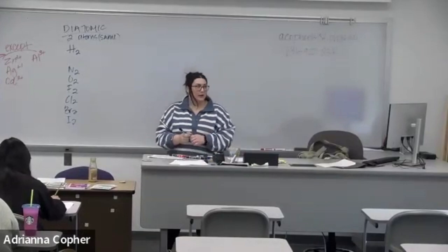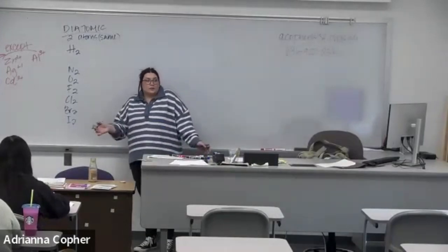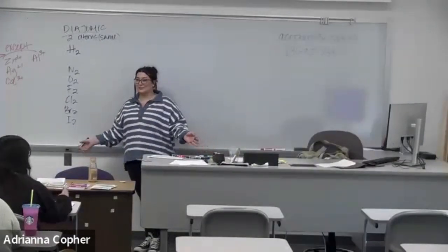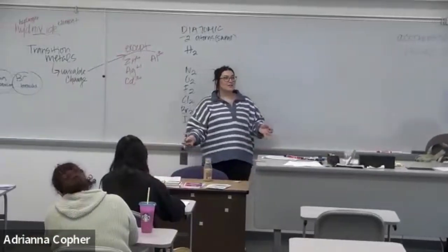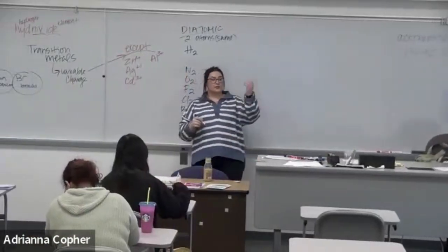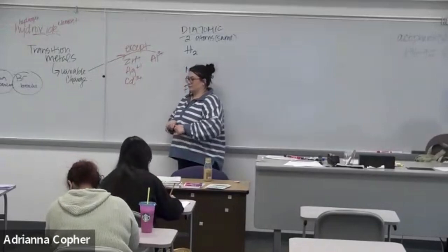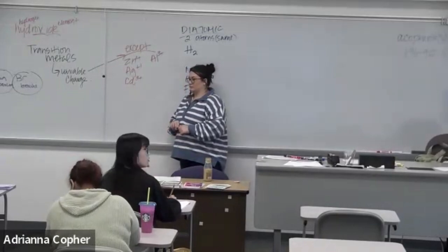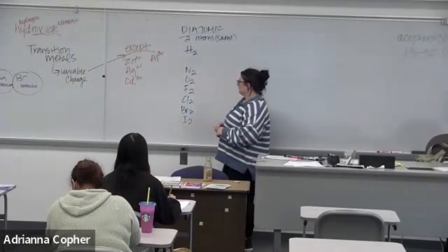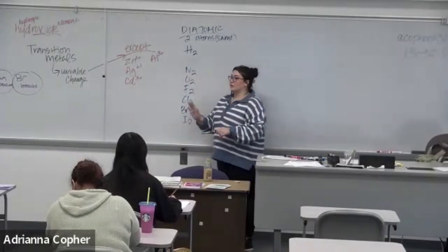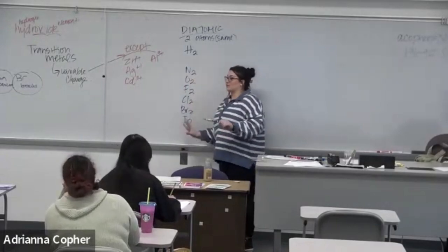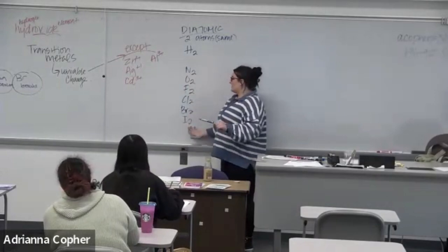I don't know why I'm doing that. In O, N, O, F, Cl, Br, I. If that does anything for you, I just mashed all the elements together. So N to I makes a 7, and then you have hydrogen. Okay, that works. I've never been good at mnemonics. Mnemonics is like assigning words to stuff. I've never been good at it, but that's good.